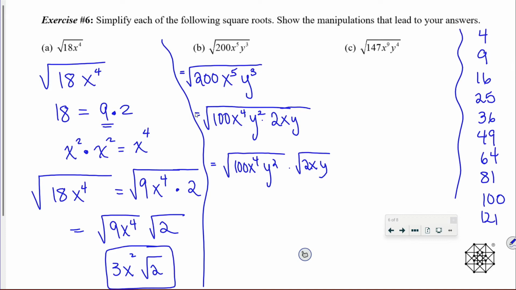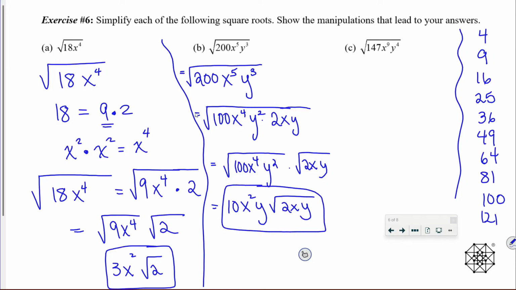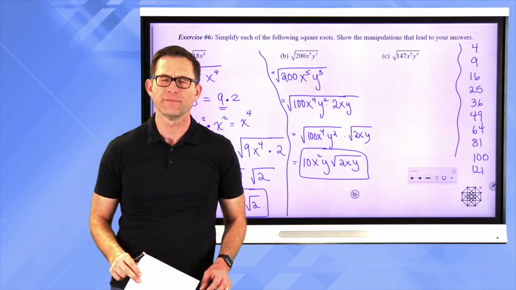And what I'll eventually have is just 10 times x squared, y to the 1st, times the square root of 2xy. I take the square root of what I can, and I leave what I can't.